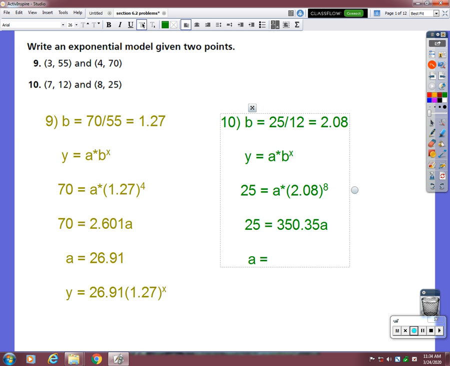So 25 divided by 350.35 is 0.0714. So that lets me write my final answer as y equals 0.0714 times b, which we figured out in the first step was 2.08, to the x.